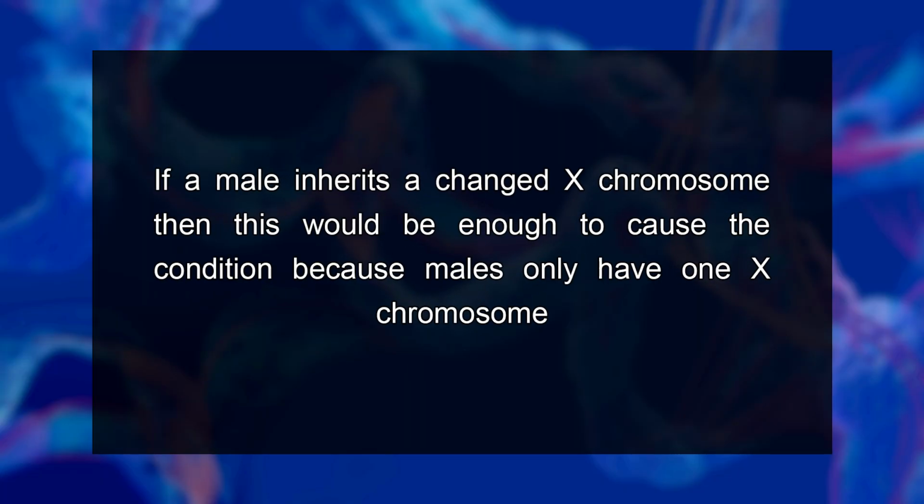If a male inherits a changed X chromosome, then this would be enough to cause the condition because males only have one X chromosome. An affected female has a 50%, that is 1 in 2, chance of having affected children, sons and daughters. An affected male will have all daughters affected, but all sons will be unaffected.